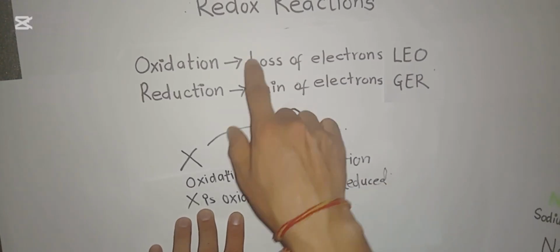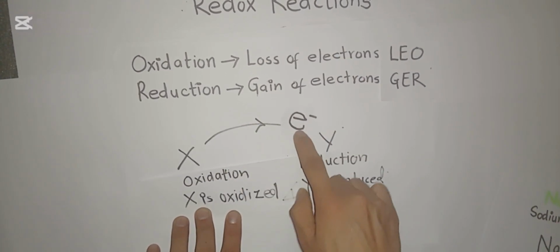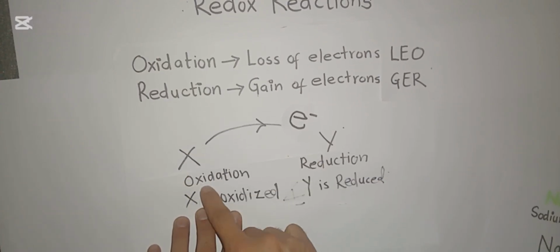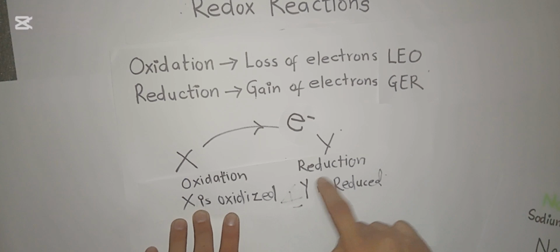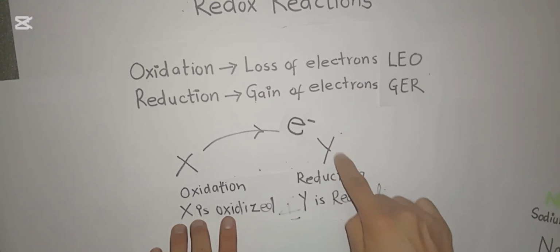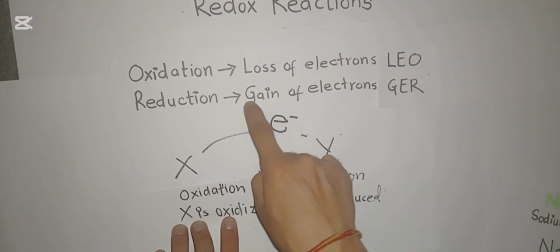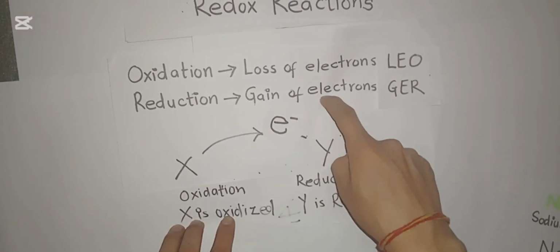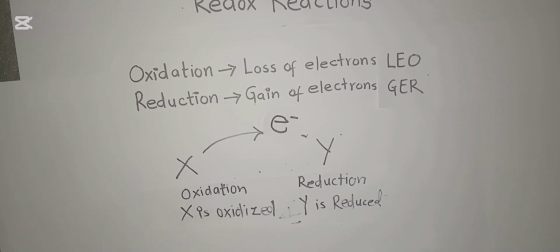Why? Because X loses electrons, oxidation takes place at X, so we say X is oxidized. And Y gets reduced because reduction takes place at Y, where there is a gain of electrons.